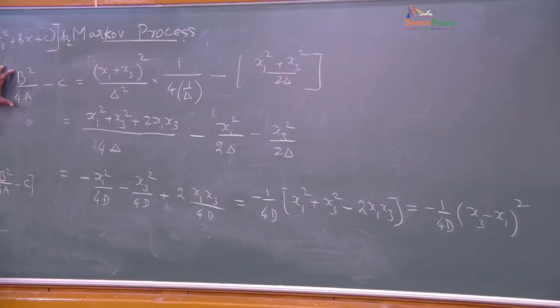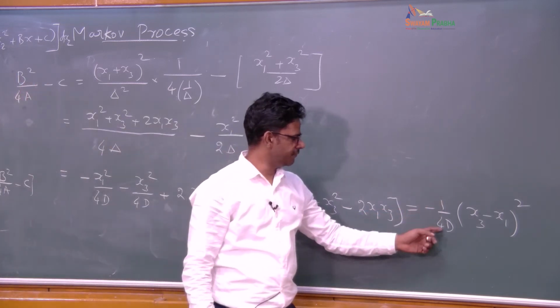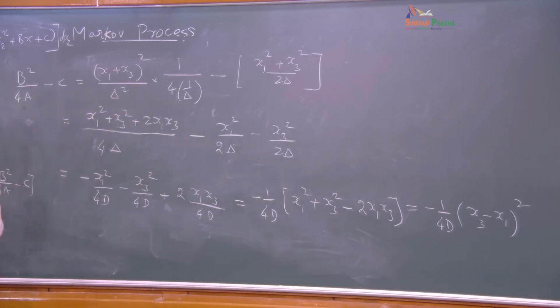So this entire term b square by 4a minus c basically becomes simply minus 1 by 4 delta times (x3 minus x1) whole squared.